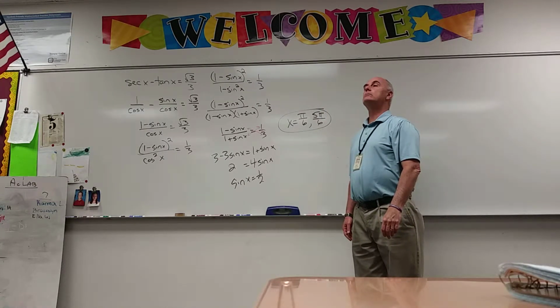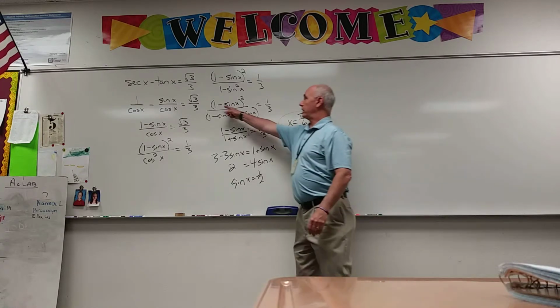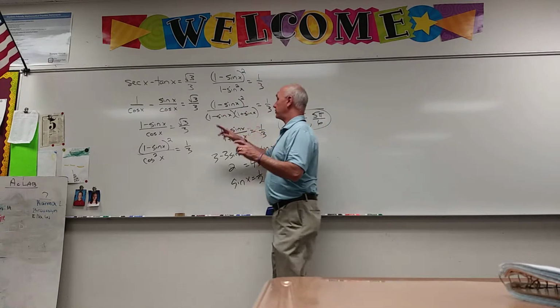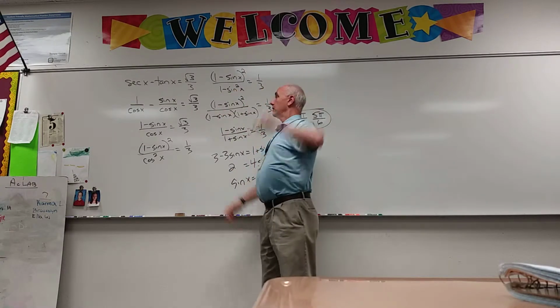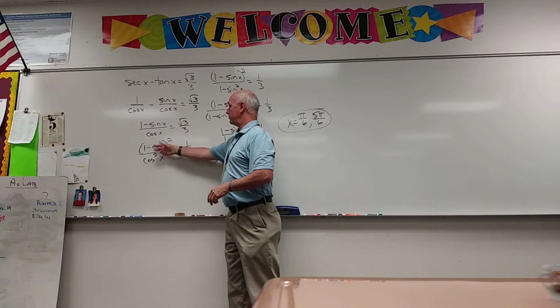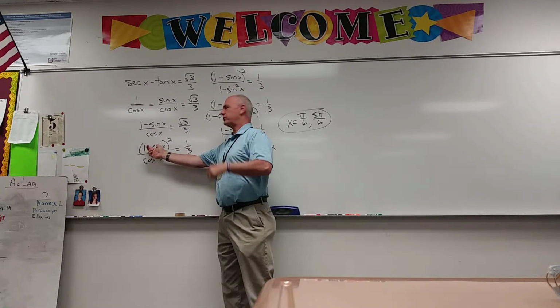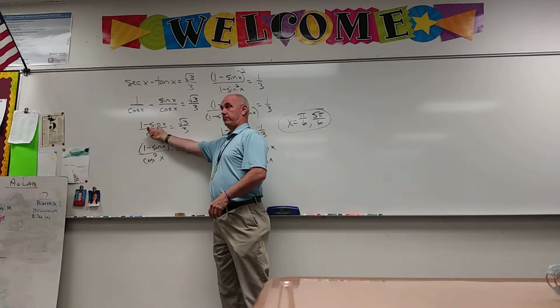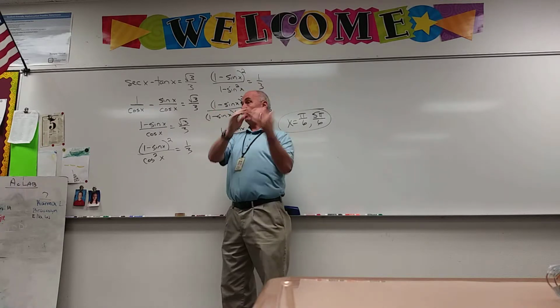So why isn't it the top 1 plus sine? Because now remember, there's a difference between 1 minus sine of x squared. When we squared both sides here, when we squared this, we get 1 minus sine times 1 minus sine.